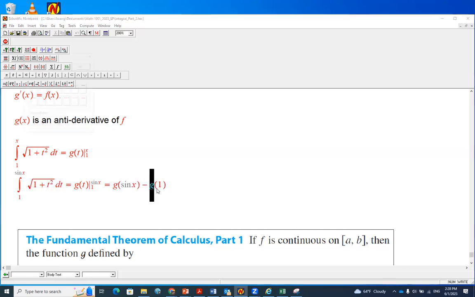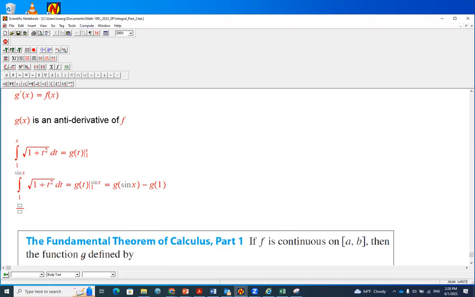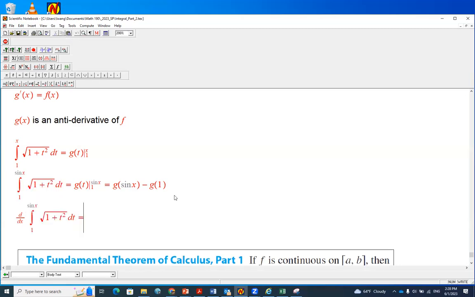The derivative of G of 1 is going to be 0, it's a constant. And so we take a derivative d dx of that piece, which is the same as taking derivative of G of sine x.